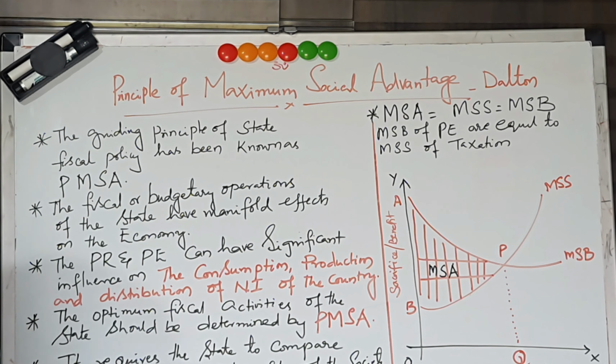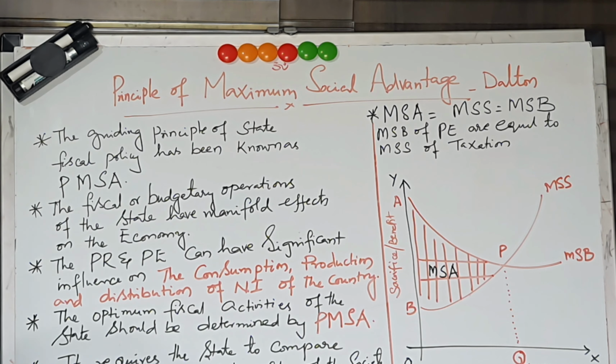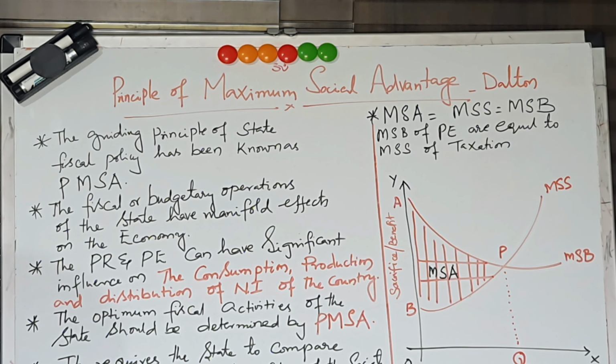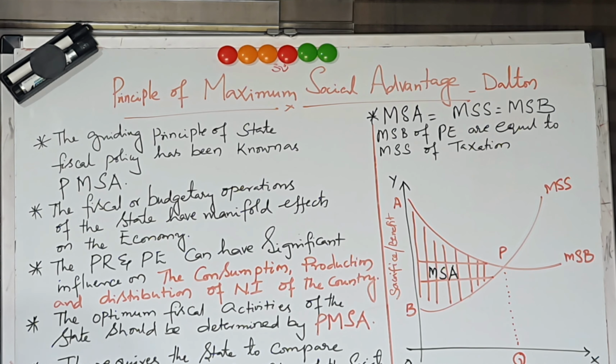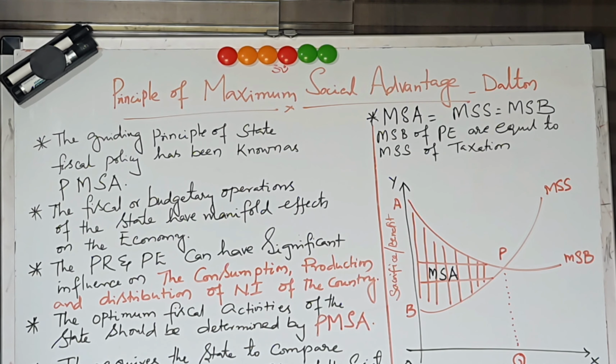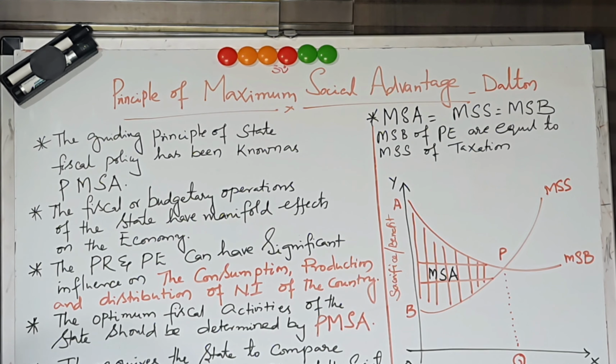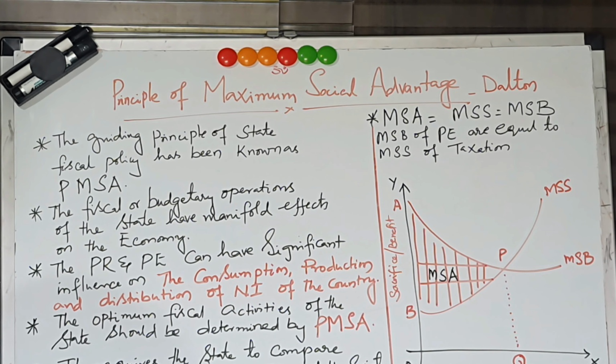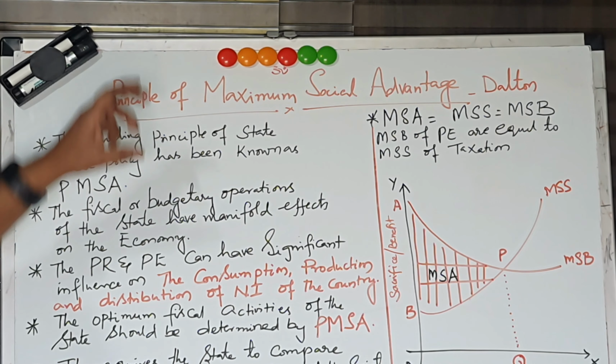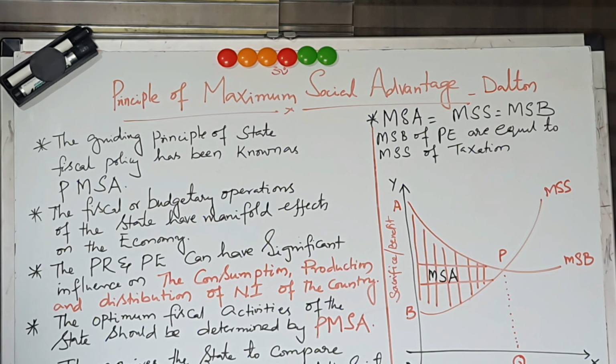So the fiscal or budgetary operations of the state have manifold effects on the economy. The earned public revenue can have significant influence on the consumption, production and distribution of the economy. So it is a guiding principle. The optimum fiscal activities of the state should be determined by this principle of maximum social advantage.